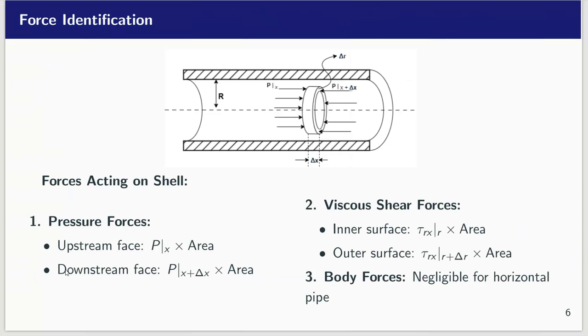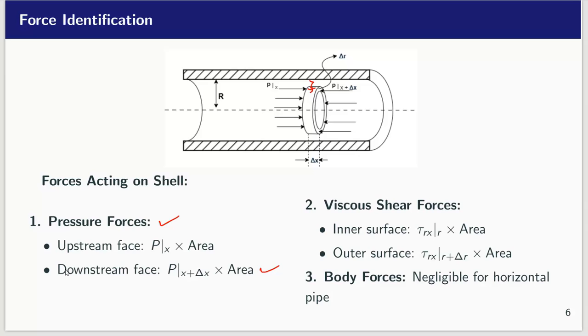Now here are the forces acting on the shell. Tau is acting on the inner surface as well as the outer surface. One is pressure force. Pressure force acting on the upstream face is P of x into area, then the downstream force is P of x plus delta x into area.